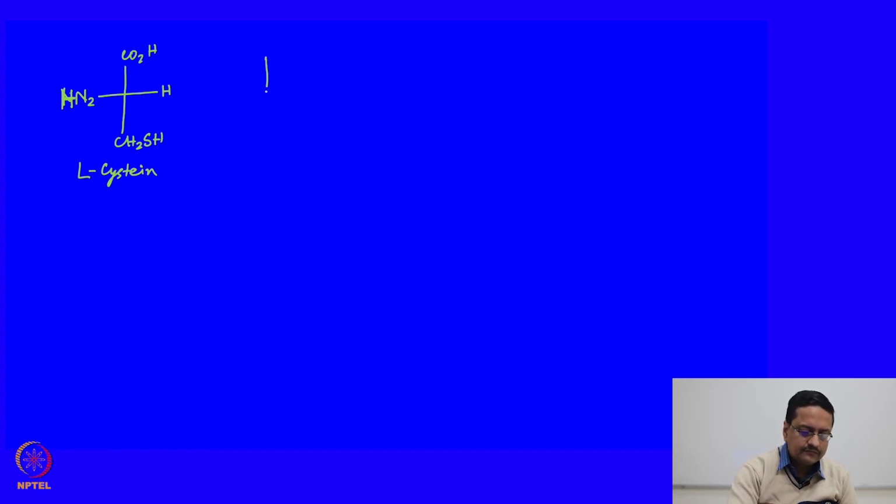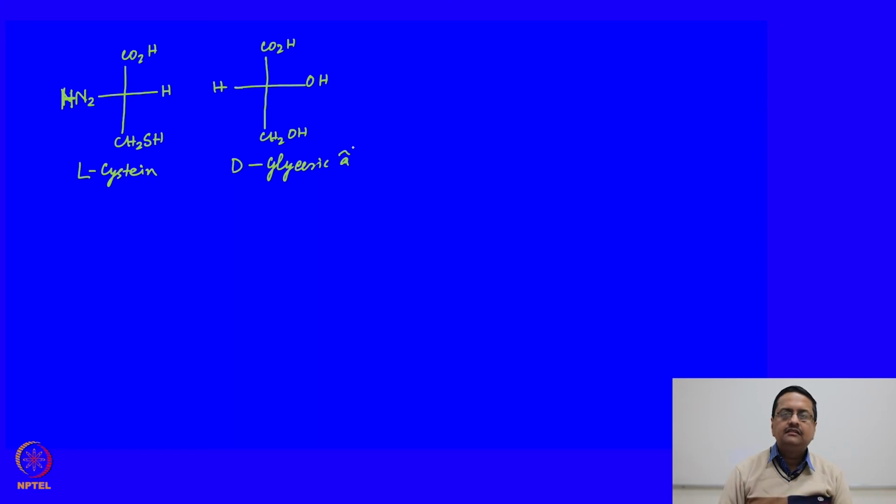Similarly, this compound, which is the oxidized version of glyceraldehyde, was named as D-glyceric acid. And the corresponding L isomer had OH group on the other side.